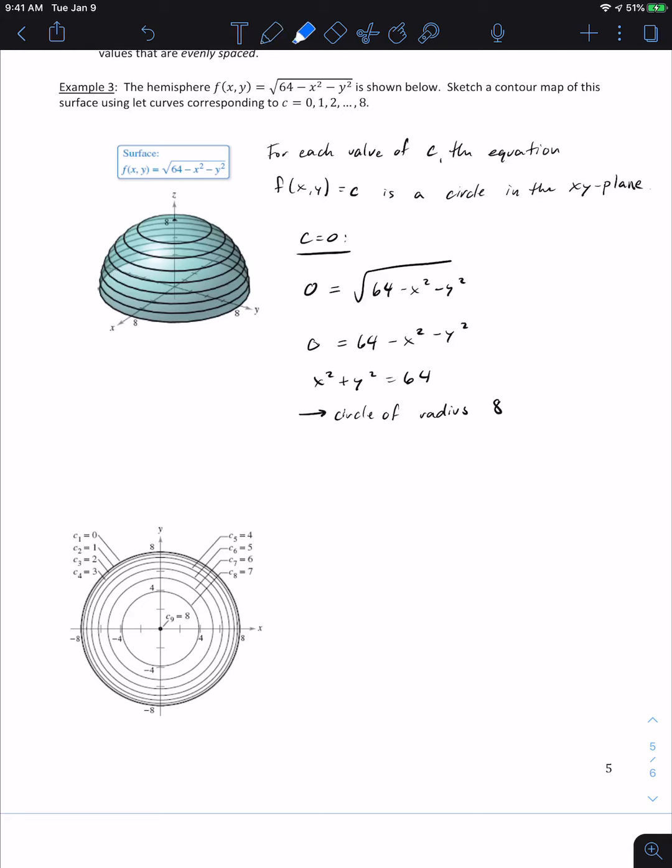So if you look here, for c equals 0, this is what my curve should look like, which is a circle of radius 8. And when c is equal to 0, that's that farthest outside circle, right? So that would be like this guy right here, and that is a circle of radius 8. I'm not going to go all the way around because I'd probably butcher it, but that is there.